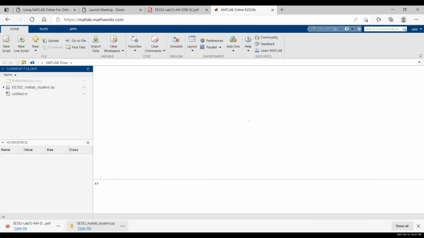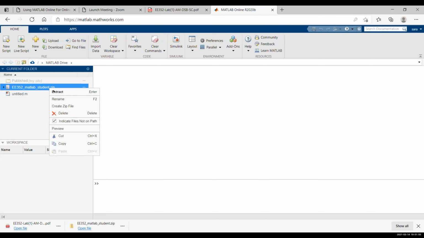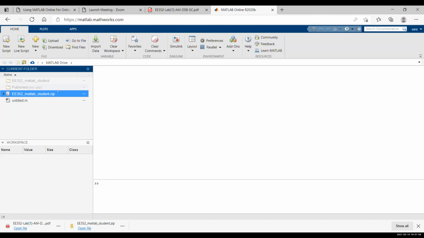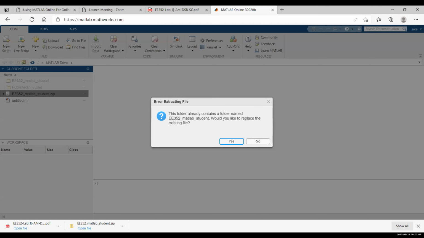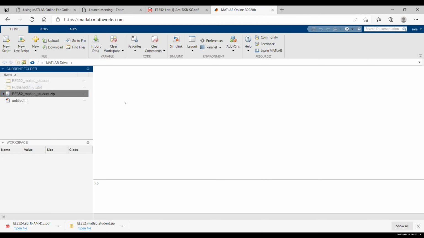Now right click on this zipped file and then click extract. Yeah, click extract. That's it. Now it's ready. Don't extract again. Wait. No. Click no. You see this folder here now?